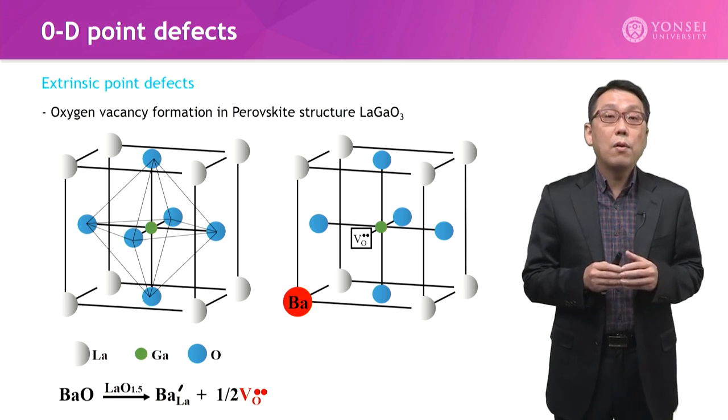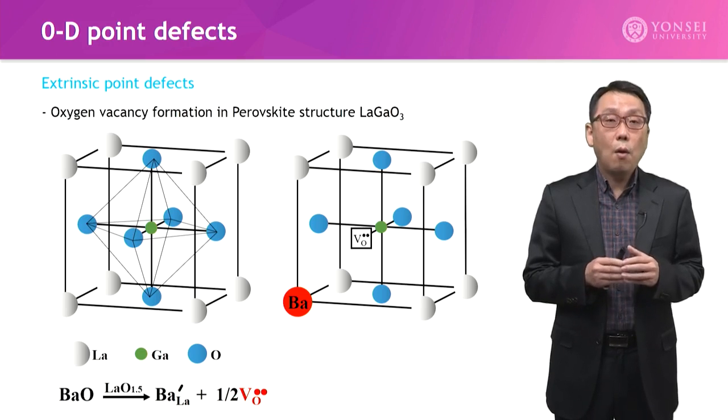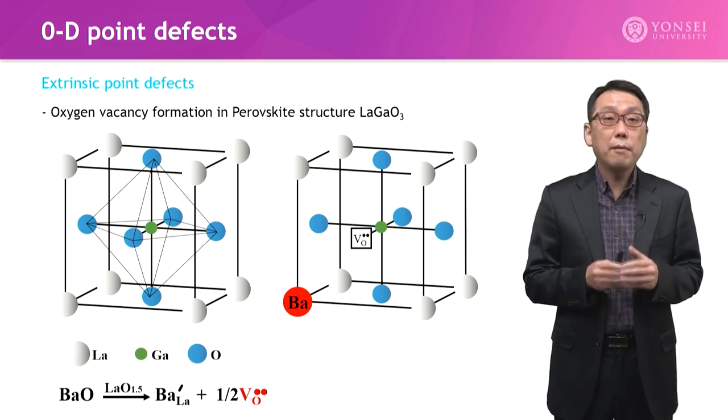And also you can find 6 oxygen ions at each face. So if we dope barium at the lanthanum site, you know barium always has a 2+ charge and lanthanum always has a 3+ charge. So barium, substituted at the lanthanum site, has -1 charge. And in order to make charge neutrality, a 1/2 oxygen vacancy with 2+ charge should be formed.